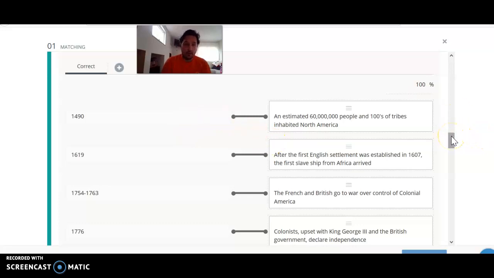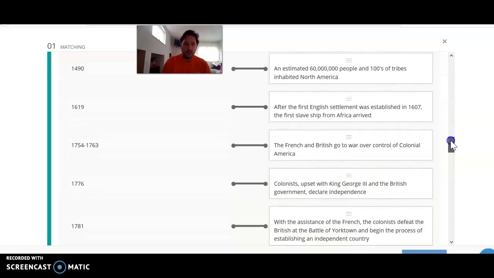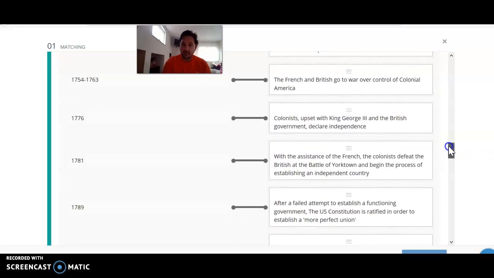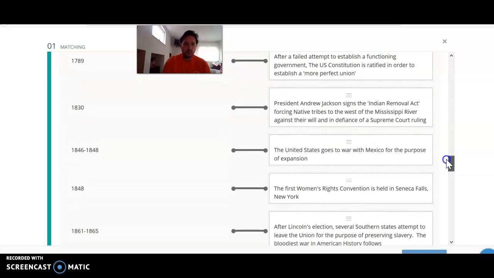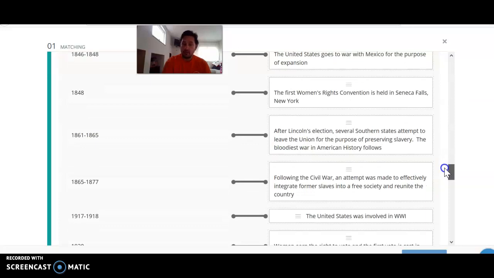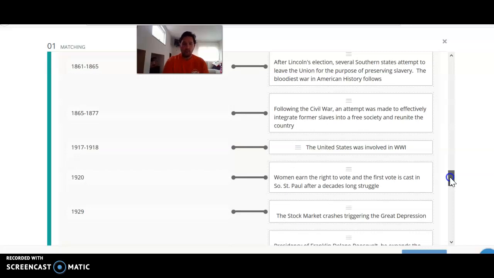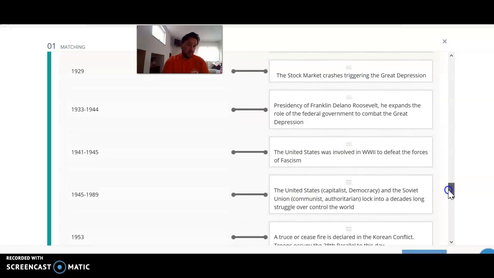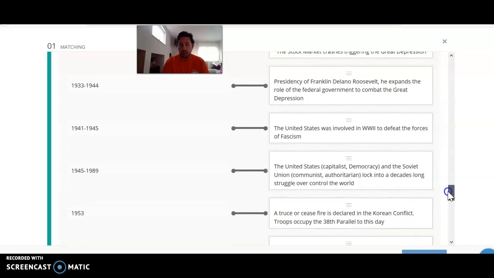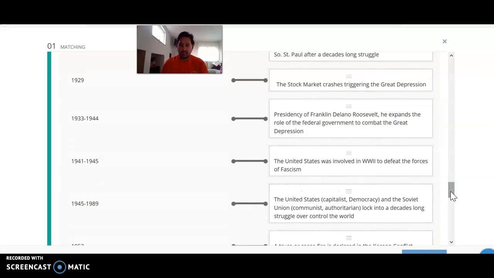But on this timeline, you'll see a number of events beginning prior to European contact, to the first slave ship arriving in Jamestown shortly after it was established, 1776, when the colonies declared independence from Great Britain, through the 19th century to events like the American Civil War, fought from 1861 to 1865, through the end of the 19th century, events like the Reconstruction, into the 20th century, to World War I, events that you're probably somewhat familiar with, World War II, which you've studied in the past, which the United States was involved in from 1941, when the Japanese attacked Pearl Harbor, to 1945.